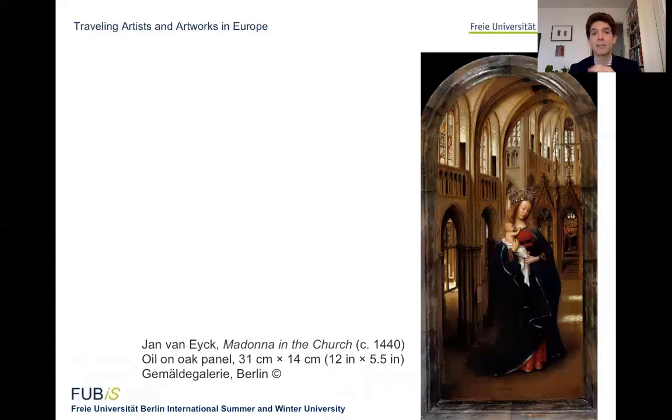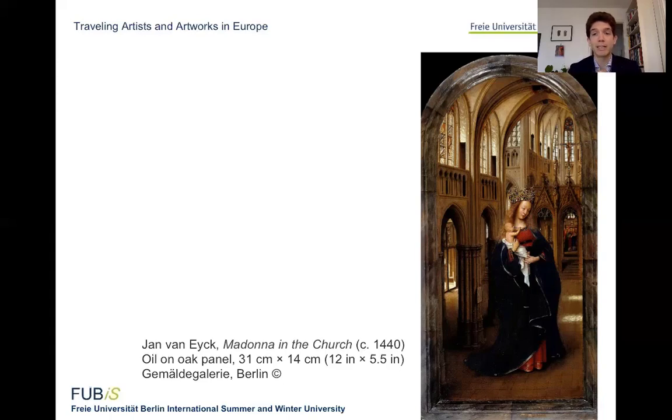Jan van Eyck has been one of the most important artists of 15th century Netherlandish art. And here in this small painting, as you can see, it is only 12 by 5.5 inches in height and width. In this small painting, I was saying, we understand the historical importance of Jan van Eyck as an artist.